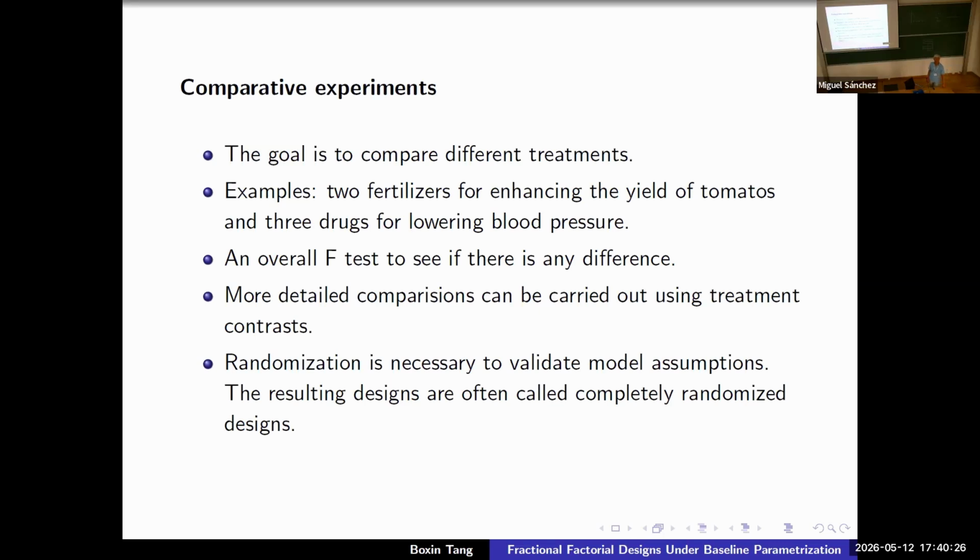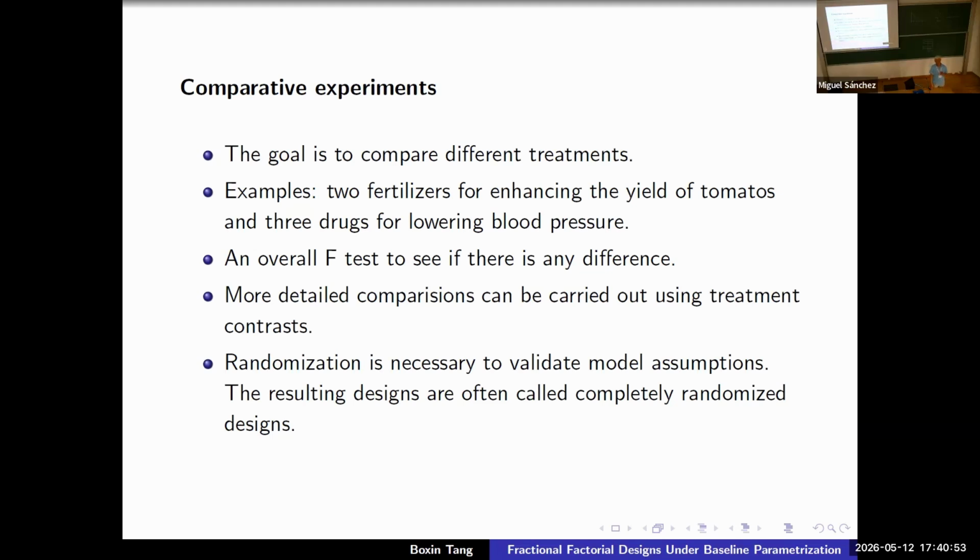Completely randomized design means that you assign the treatment randomly to the experimental units. In order to collect data, we need to apply the treatments to these units. When you observe the response variable, the response depends on the particular treatment and also depends on the experimental unit.